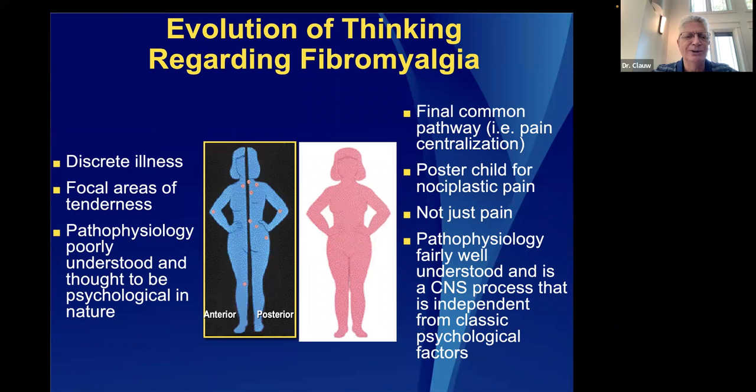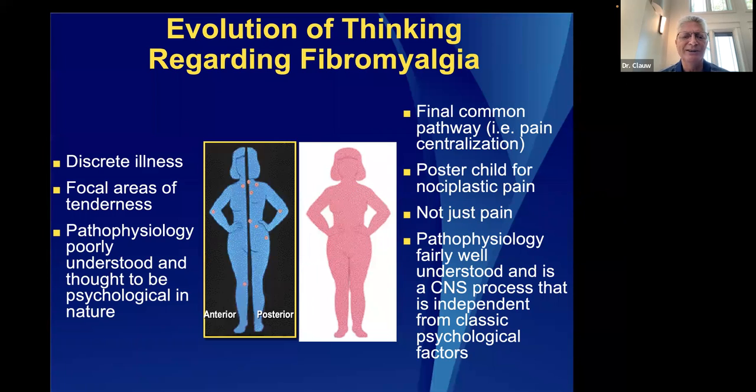That's called nociplastic pain. It's a term that doesn't really have a lot of clinical meaning, but what these conditions have as their hallmark is that pain is a very prominent part, but people also have a number of other symptoms like sleep problems, fatigue, and memory problems.